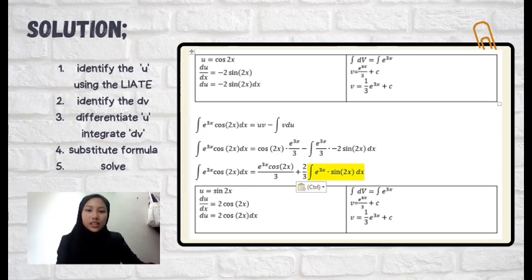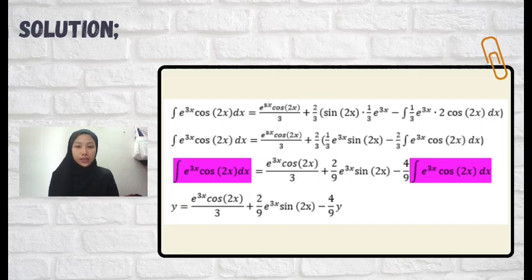From the integral of e to the power of 3x multiplied by sine 2x dx, we need to do IBP again. u is sine 2x, differentiating, we get du equal to 2 cos 2x dx. And the dv is the integral of e to the power of 3x, and we get v equal to 1 over 3 e to the power of 3x plus c.